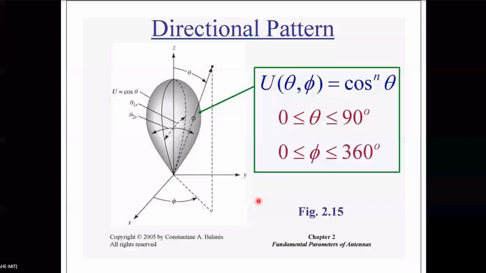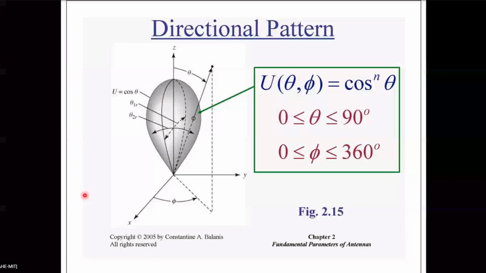If sine phi is there, then you have to take the other angle in the phi plane. You have to find two planes: one is phi is equal to constant, the other theta is equal to constant. Here, such a case is not there. In the theta is equal to constant plane, it is almost like a circle, so that is not acceptable. So here you have to take two orthogonal vertical planes.